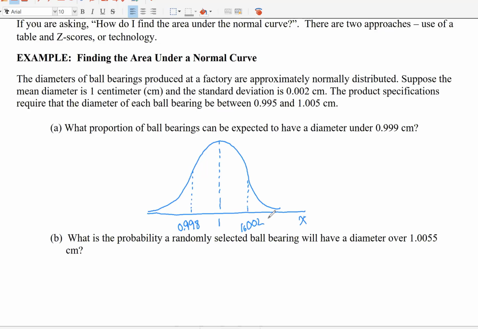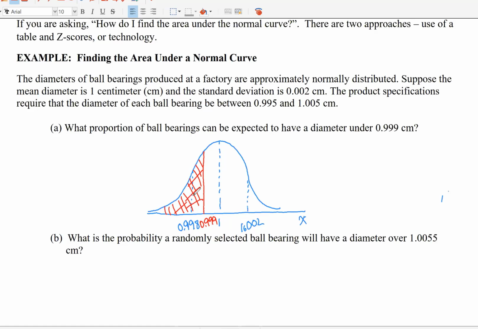We are asking what proportion of the ball bearings is going to be under 0.999. Because we're asking for a proportion, we're asking for the area of that shaded region.